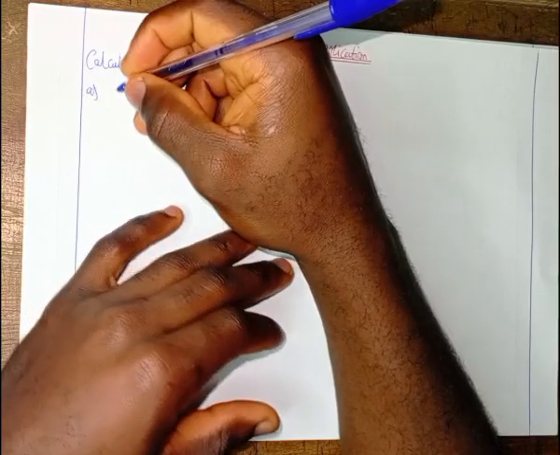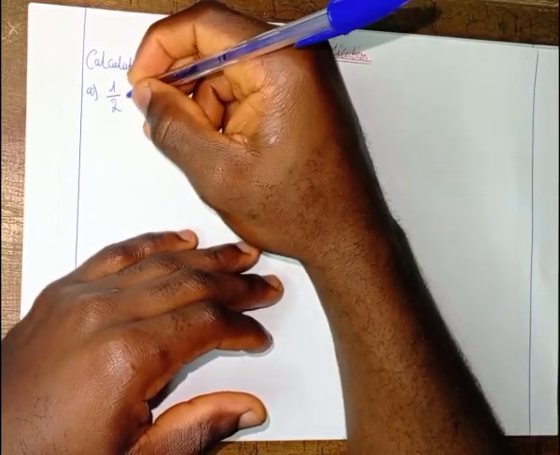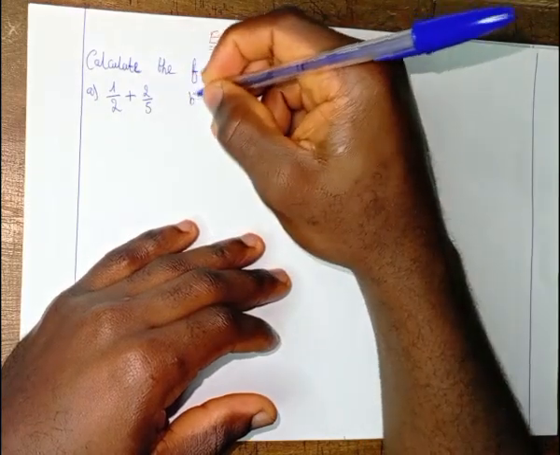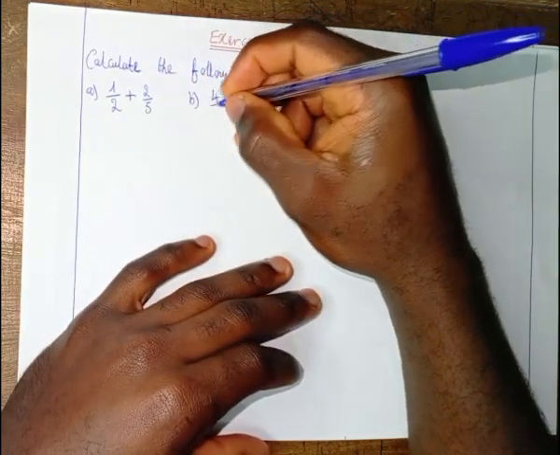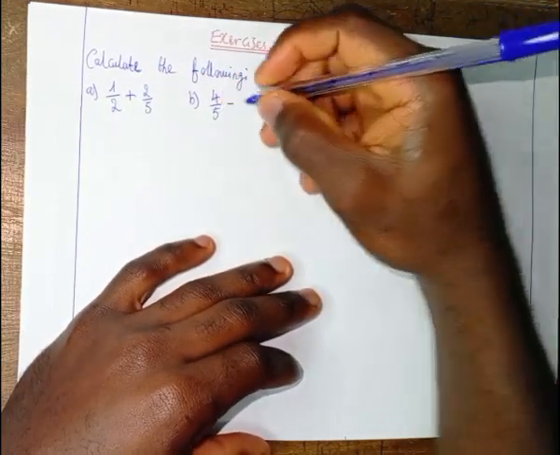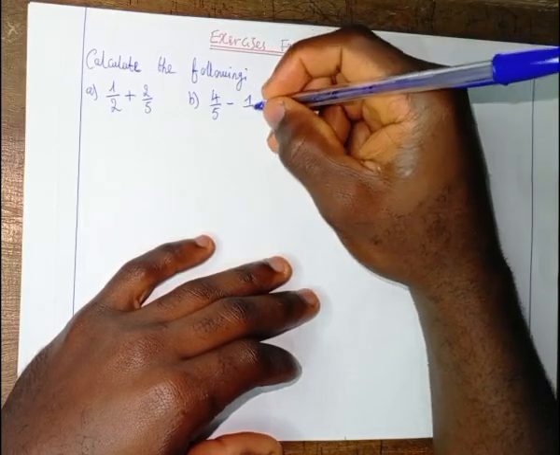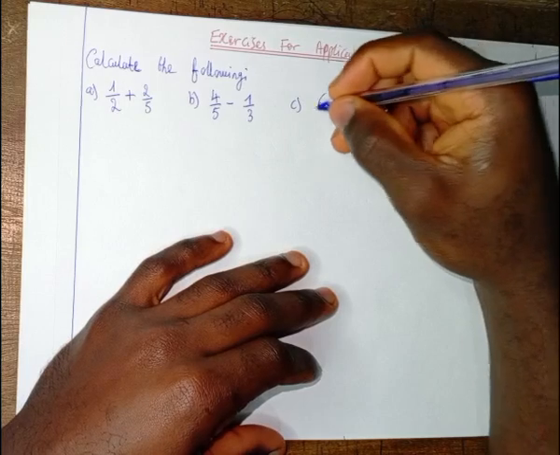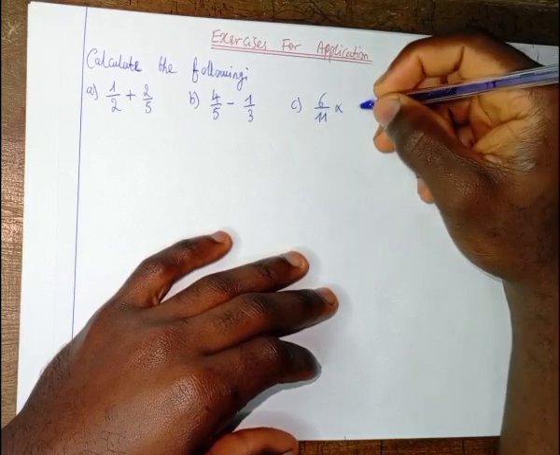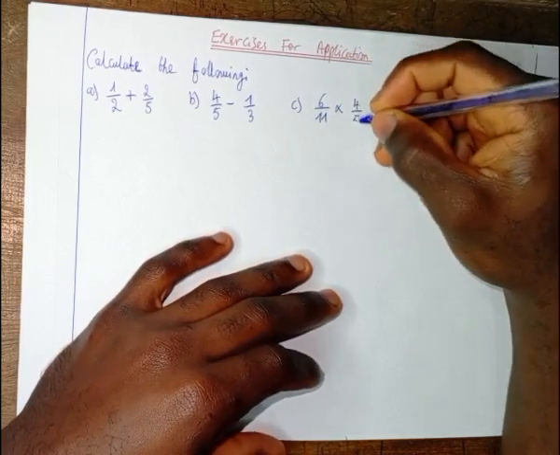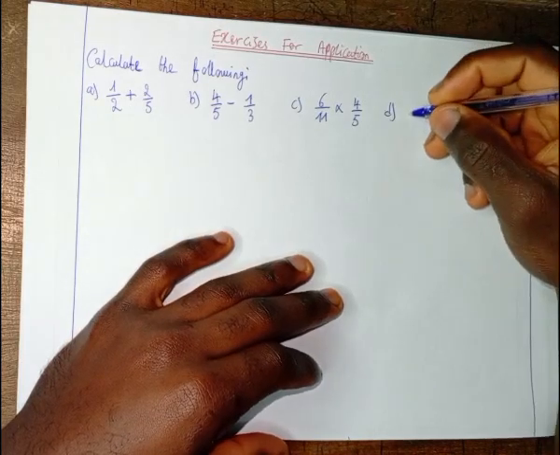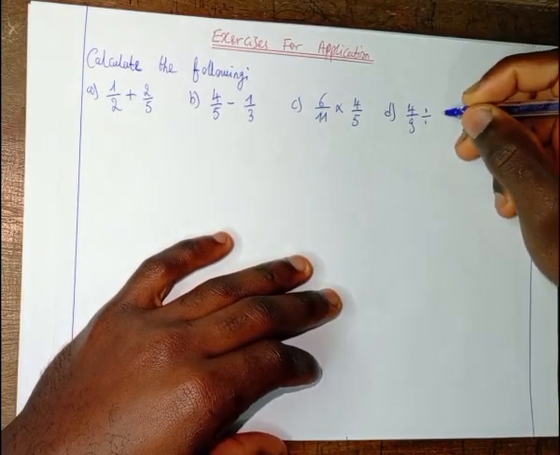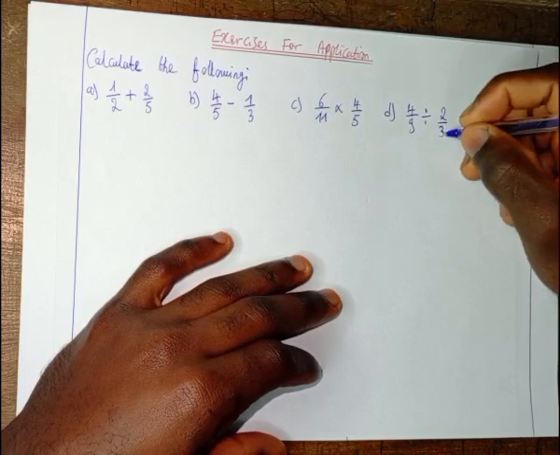First one, A, we have a half plus 2 fifths. For B, 4 fifths minus 1/3. C, we have 6 over 11 times 4 over 5. D, we have 4 over 9 divided by 2 over 3.